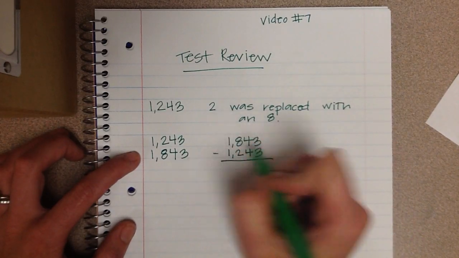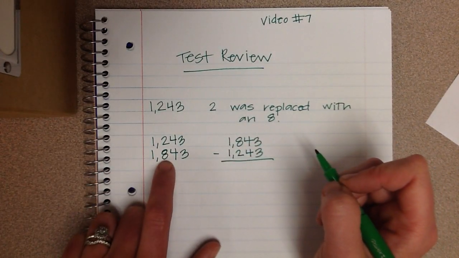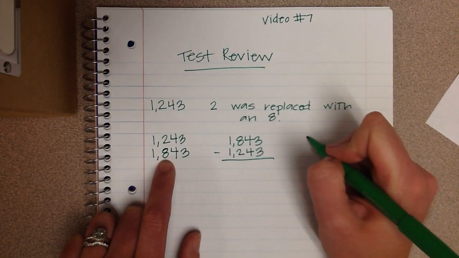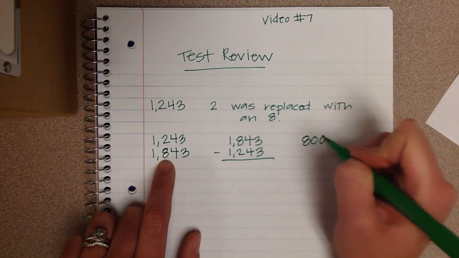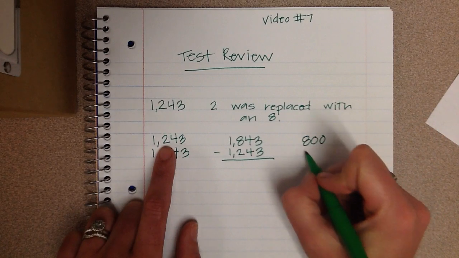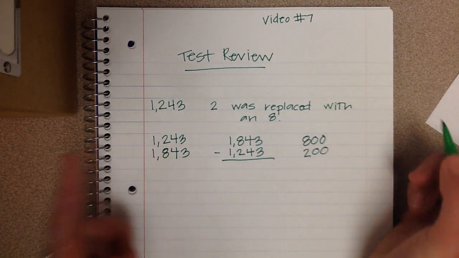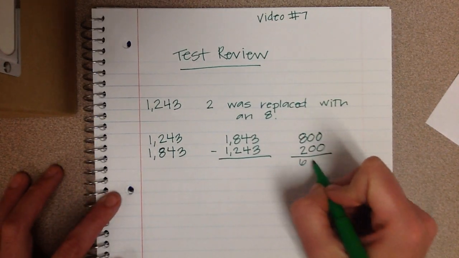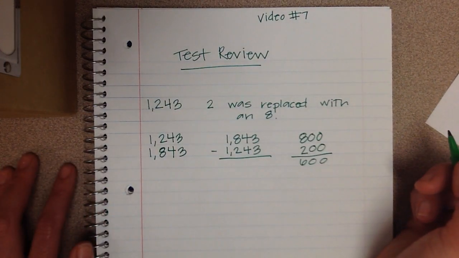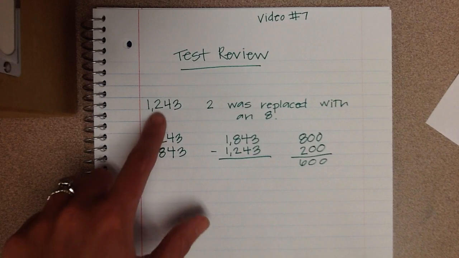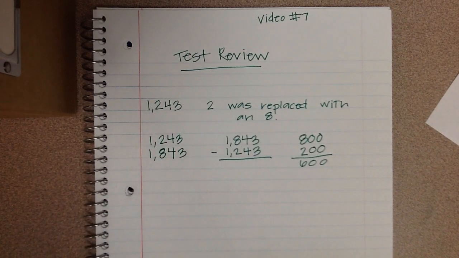You could also say, what is the value of this 8? 800. What's the value of this 2? 200. So what's the difference? 600. Okay. On your test, if you have a question like this, I highly suggest that you rewrite the number so you can see the difference.